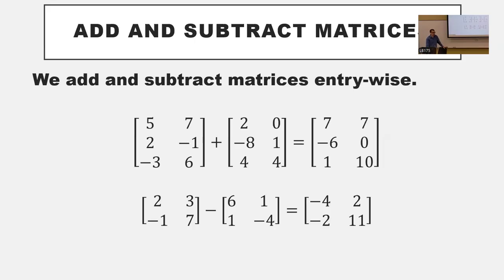What entry-wise means is if one element is in the 1, 1 entry of the first matrix, and we're adding a second matrix, then I'm going to add the 1, 1 entry of that to the 1, 1 entry of the first matrix. Does that make sense? So the 1, 1 entries get added up, the 1, 2 entries get added up, the 2, 1 entries get added up, and so on and so forth.